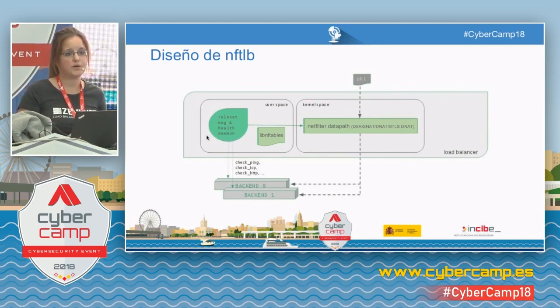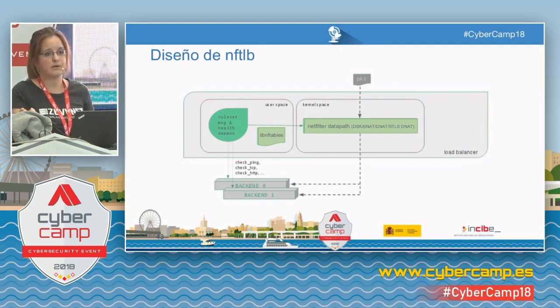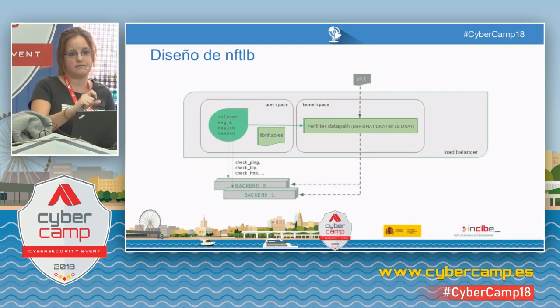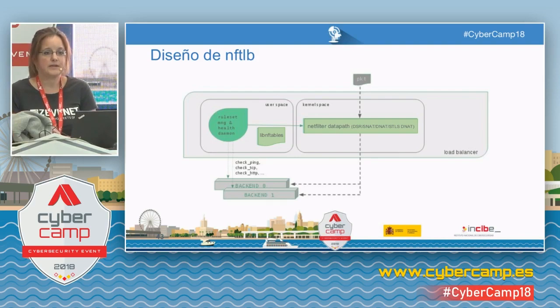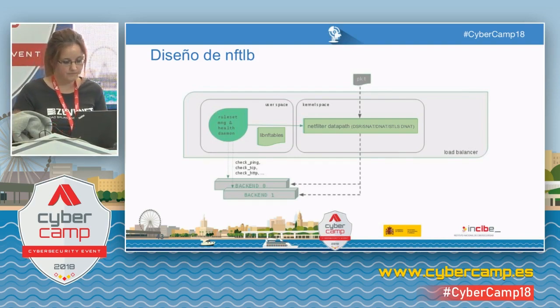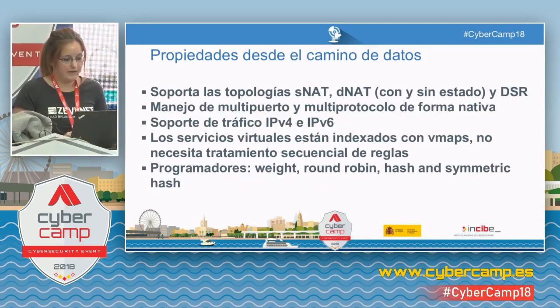Then the health checks can be done at the user space level, talking to the daemon and saying, hey, activate or deactivate this backend so that you can change parameters for the different servers. So at the kernel level, what happens? Well, just load balancing.